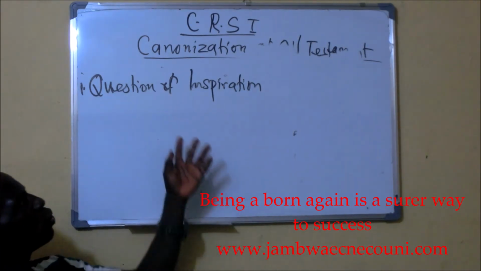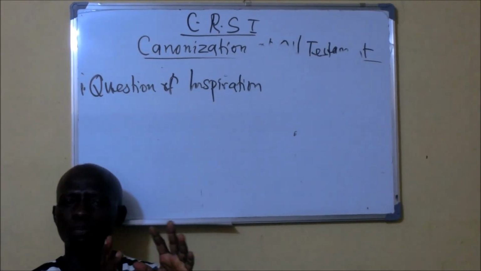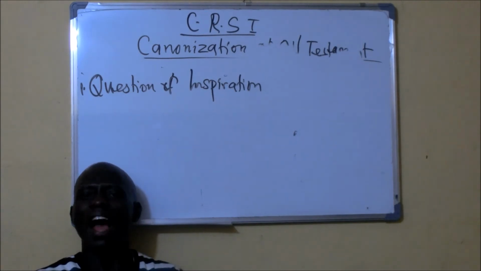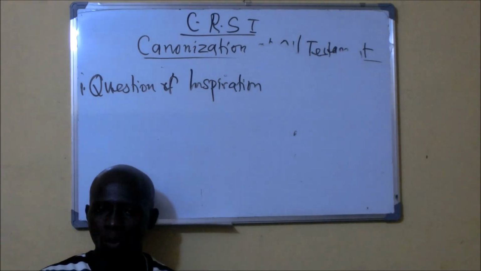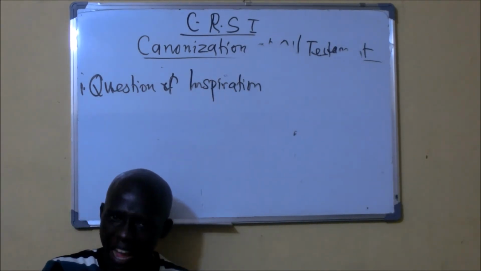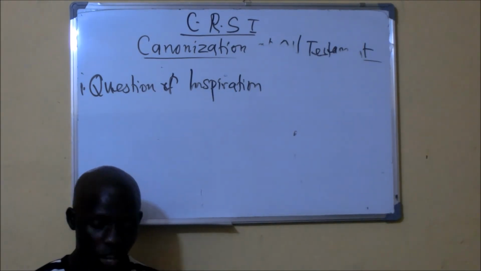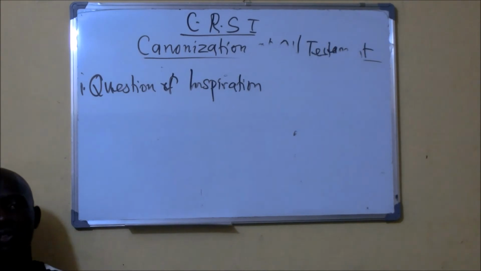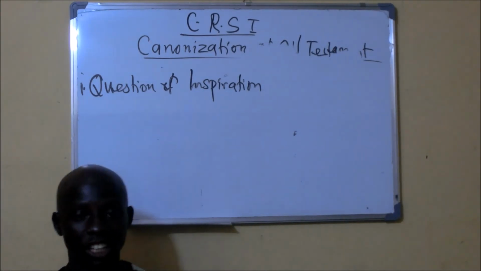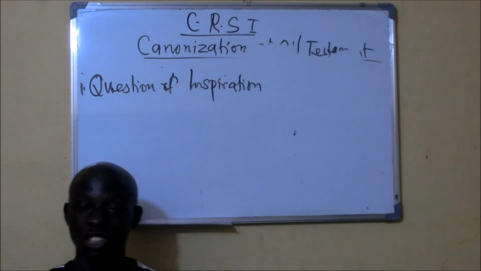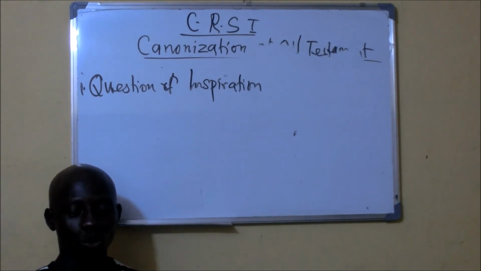So the test is whether these books were inspired by God. Books that are canonized are said to be inspired by God. That was the question of inspiration into the Bible.